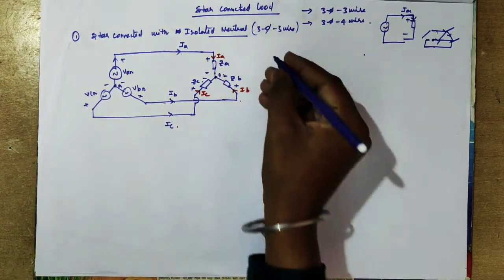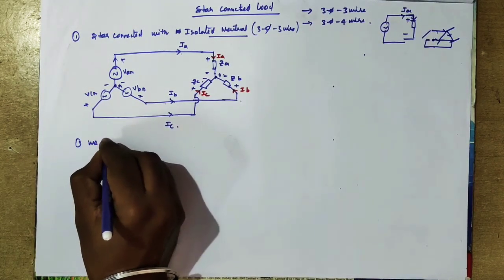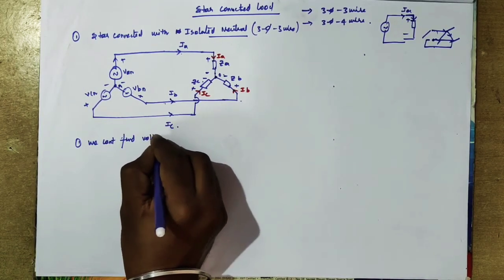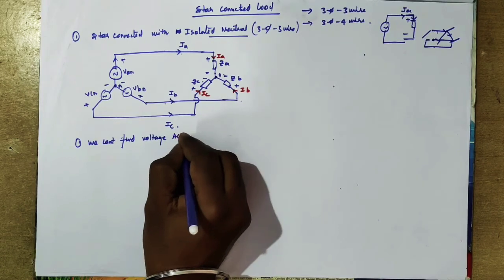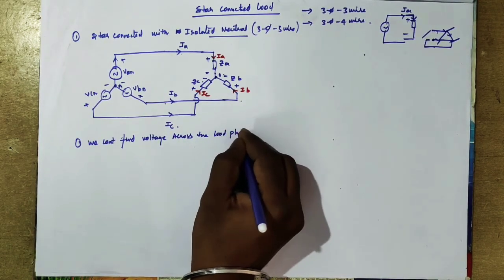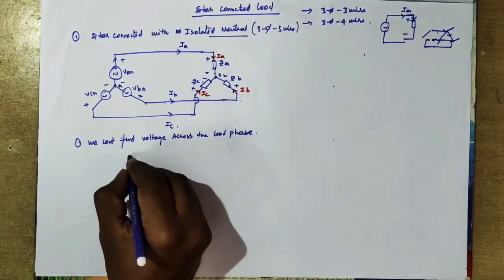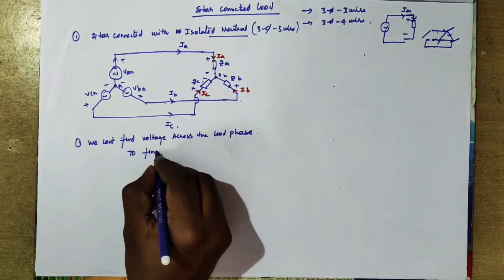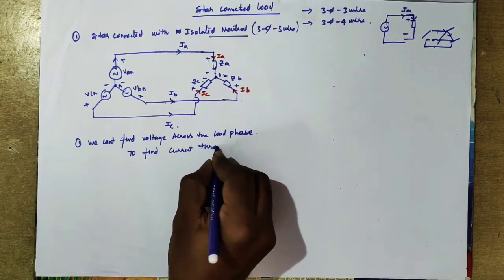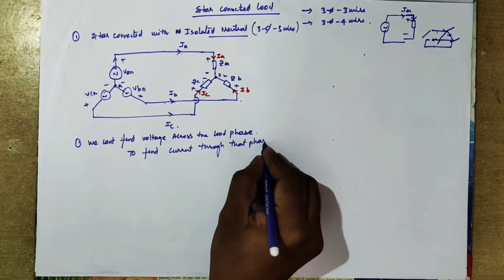So the first difficulty is we can't find the voltage across the load phase to find the current through that phase. This is one observation.